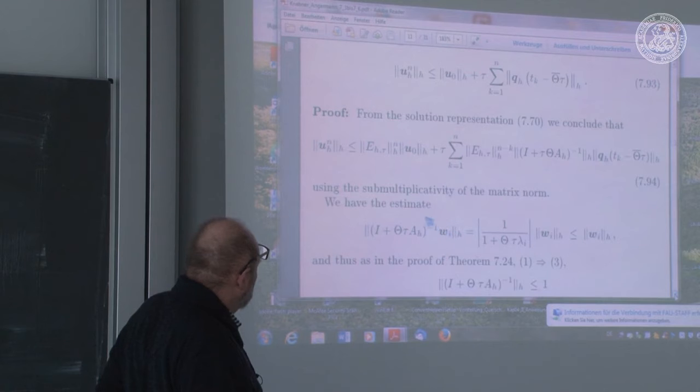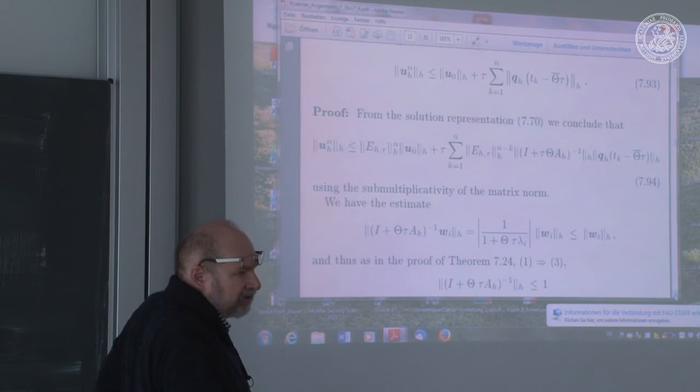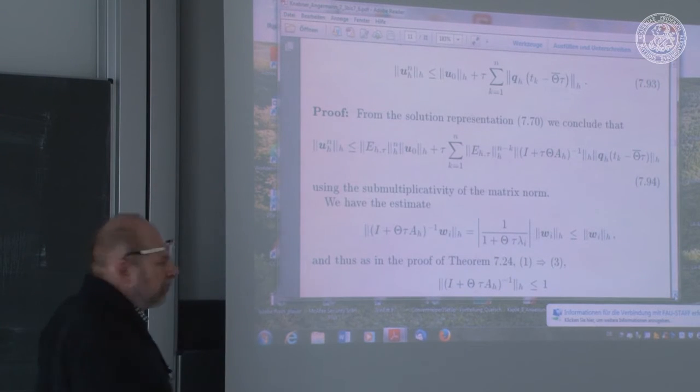And also for this modified matrix, this omega_i is an eigenvector. What is the eigenvalue? If I only look at the matrix here in brackets without the inversion, the lambda_i changes to 1 plus theta times tau times lambda_i. And now inverting the matrix means going to 1 over that.